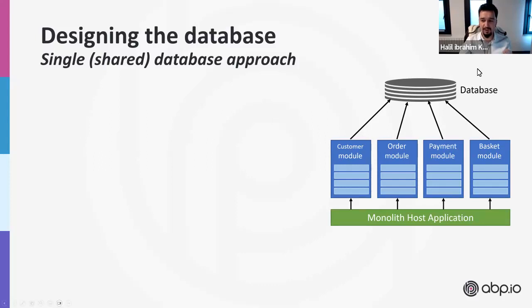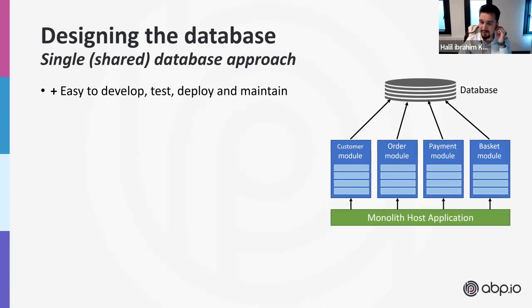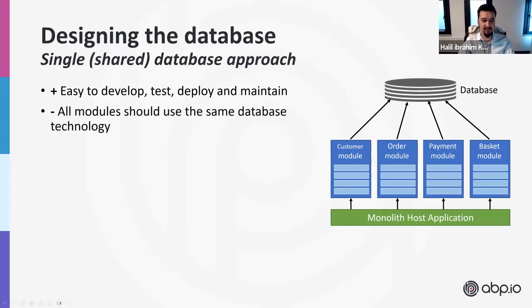So one option can be creating a single database. Maybe each module has its own database tables, but still can use other database tables, which can be a problem when you migrate to a microservice system. Anyway, in the first days, it will be easier to develop, test, deploy, and maintain because we have a single physical database.